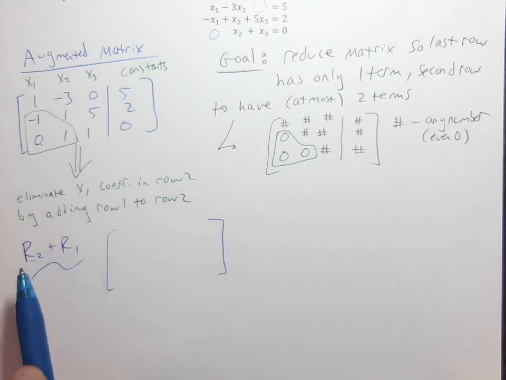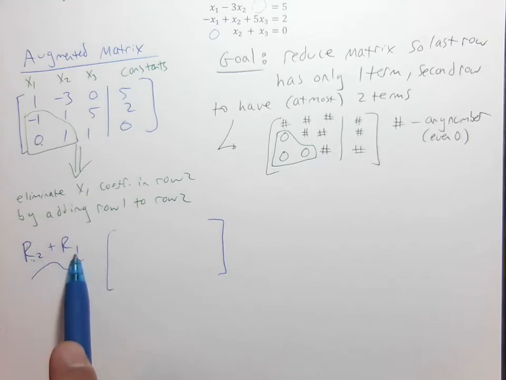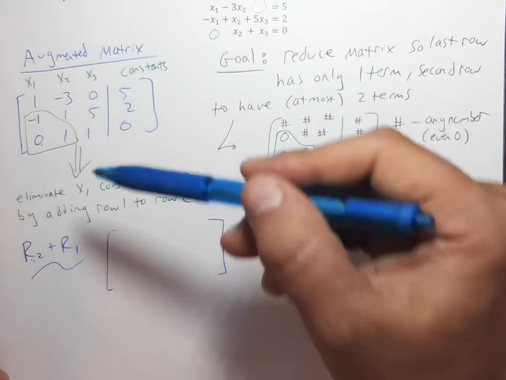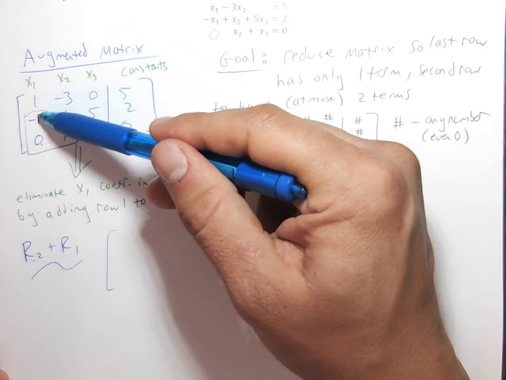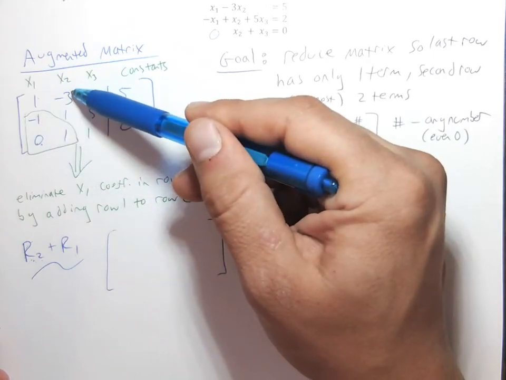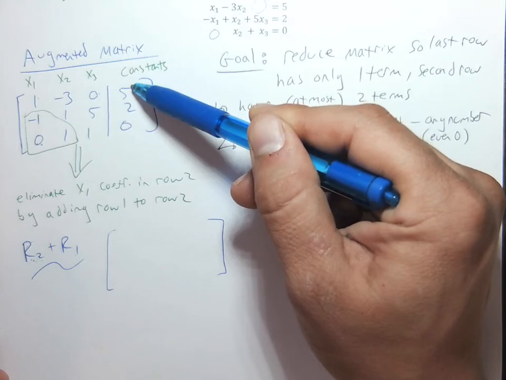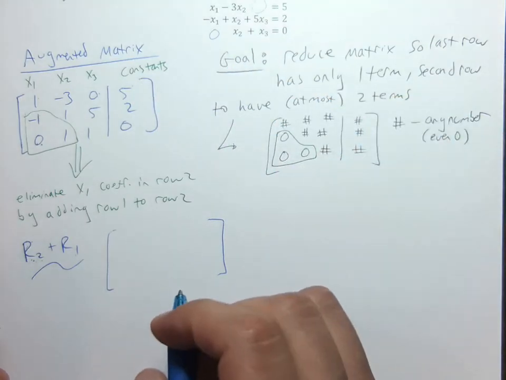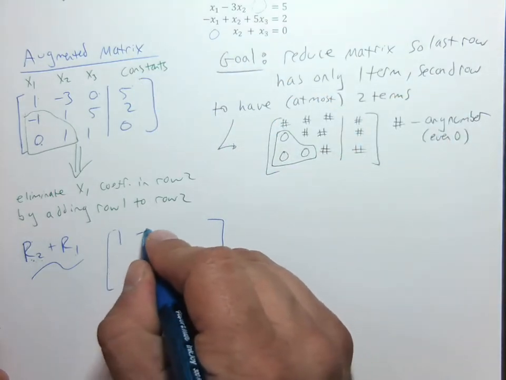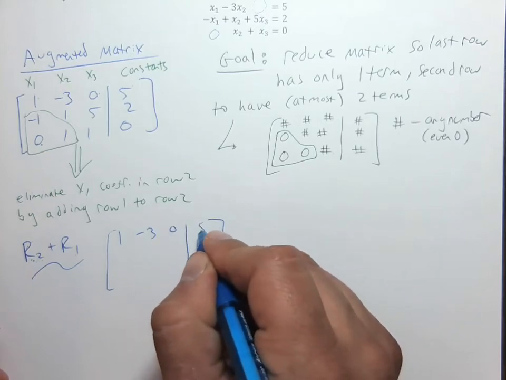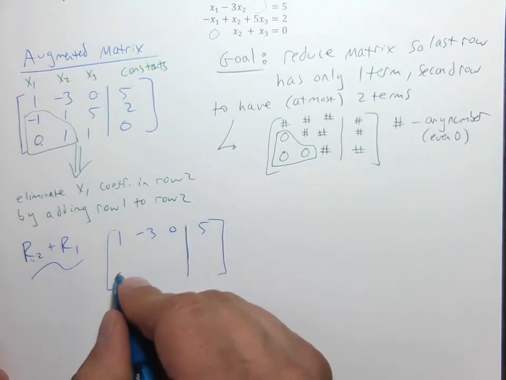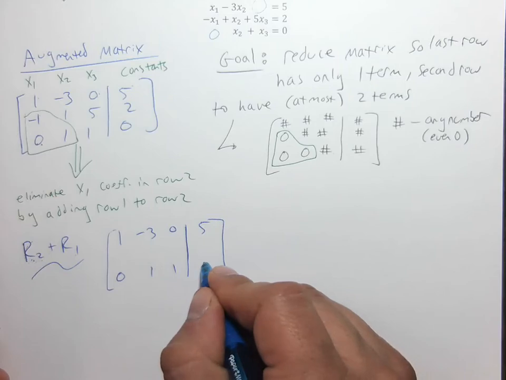So this is telling me, okay, I'm going to take row 2, I'm going to add to it row 1. So I'm going to do 1 plus -1. I'm going to take this and add -3. I'm going to take this and add 0. I'm going to take this and add 5. And when you do that, it becomes this. So the first row doesn't change. We're changing the second row, so I'm going to rewrite the first and the third row. Those don't change.